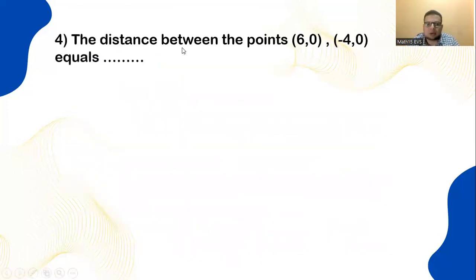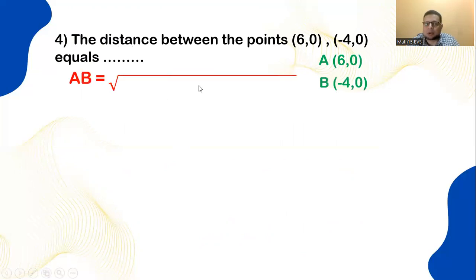Number 4, the distance between the points (6, 0) and (-4, 0) equals what? I need the distance. You remember the rule of the distance? Square root of the difference between x's power 2 plus the difference between y's power 2, that is x2 minus x1 power 2 plus y2 minus y1 power 2.